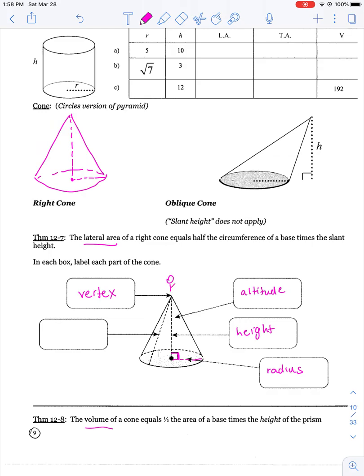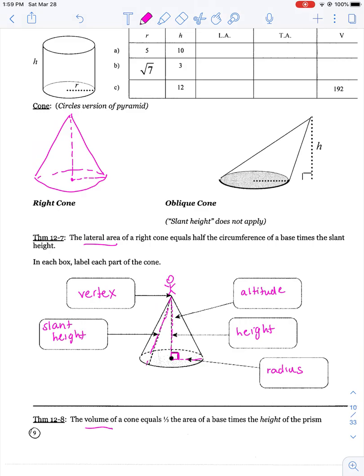Imagine standing at the top of the cone, let's say it's a birthday hat, and dropping a line down through a hole. That would measure the height of the cone. As opposed to throwing the rope over the side of the birthday hat, where the measurement is at a slant, so this is called the slant height.